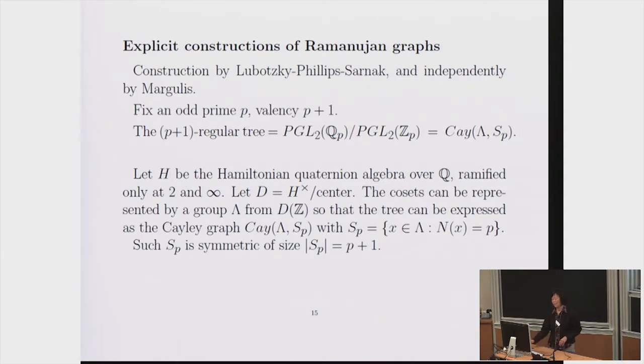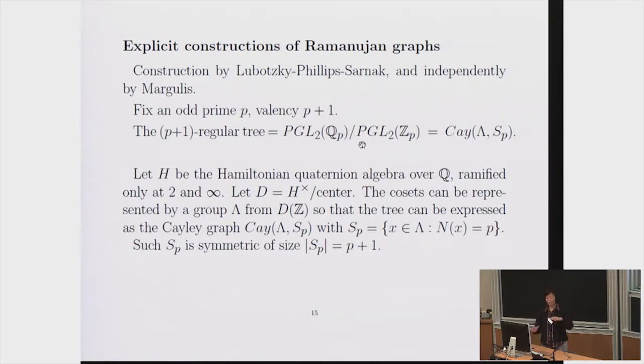a regular tree can be given a structure as a homogeneous space. So the (p+1)-regular tree, the vertices there can be identified as PGL2(Qp) mod its maximal compact subgroup. Okay. So each coset represents a vertex. Now, this maximal compact subgroup is not a normal subgroup.